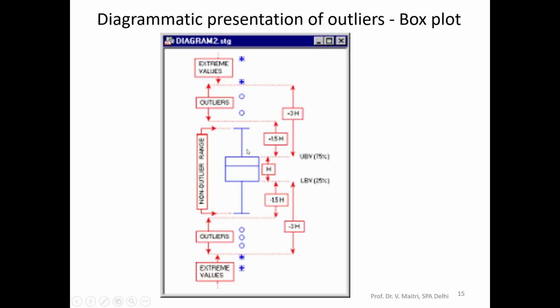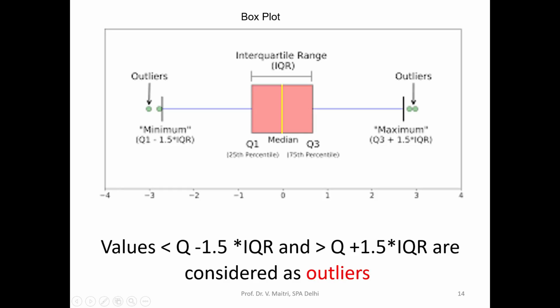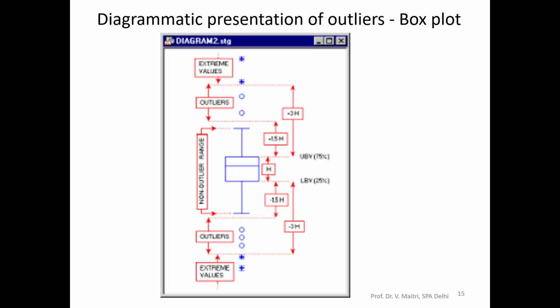So we are getting the minimum value and maximum value, and if it is 3 times, then it is Q3 plus 1.5 times IQR and Q1 minus 1.5 times IQR, and here if it is Q3 plus 3 times IQR and Q1 minus 3 times IQR, we draw this line. So the values which fall in this range, we can declare them outliers.